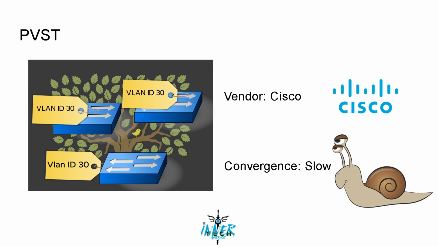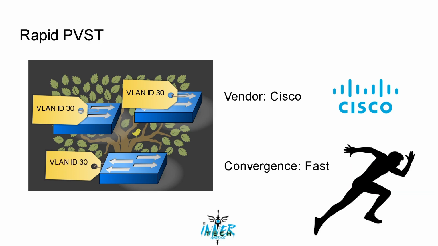PVST is the Cisco specific protocol that runs a separate STP for each VLAN, which is the one we're currently using. PVST Plus is also a Cisco specific protocol and is an enhanced PVST, but it still uses the slower classic STP standard. Rapid per VLAN spanning tree is the other Cisco specific protocol that enhances PVST, but this one uses the faster rapid STP standard.